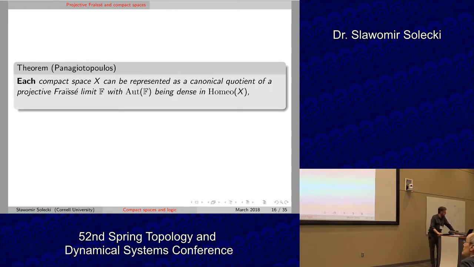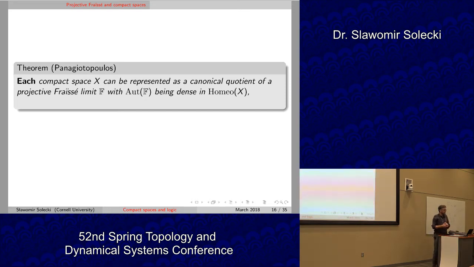He showed that if you take any compact space, you can cook up a projective Fraïssé family F with the properties from the previous slide. So that if you take the limit, this boldface F, it will have this natural equivalence relation R on it. You divide by it, and you get X. And Aut(F) is embedded as a dense subset of Homeo(X).